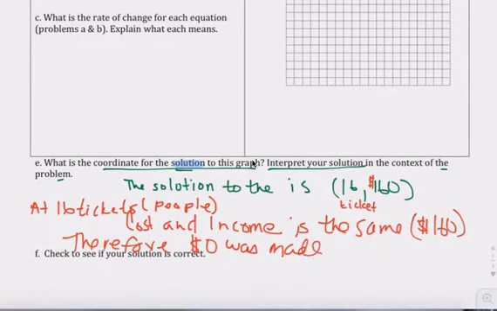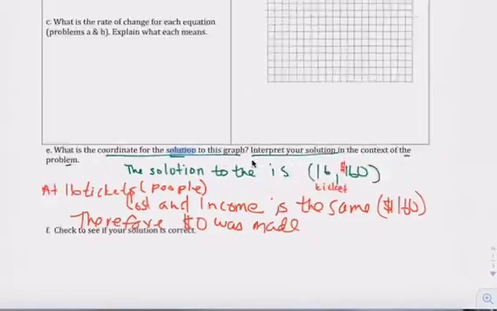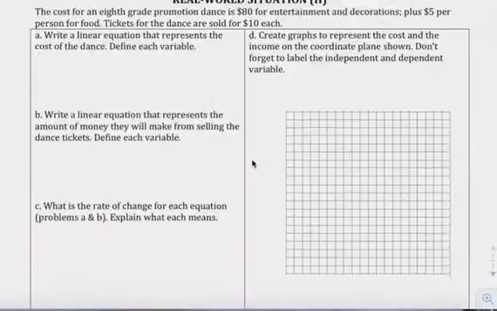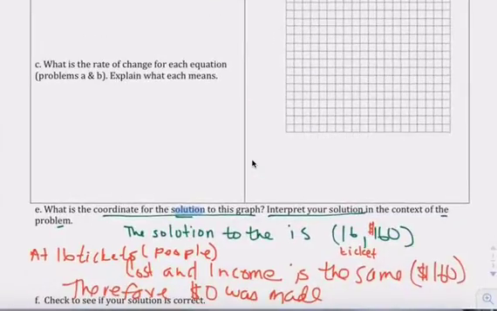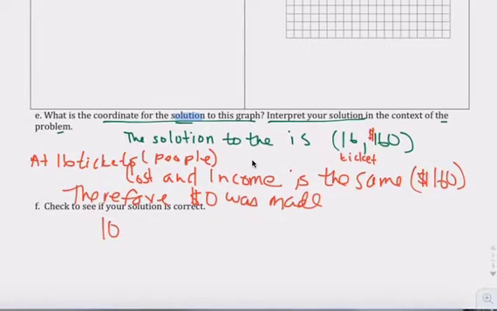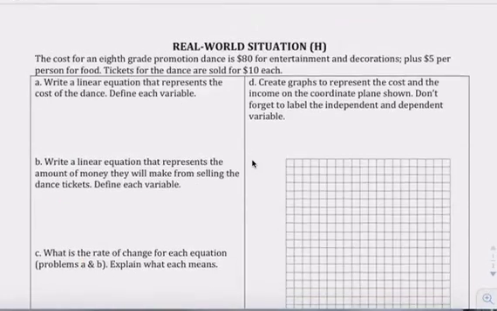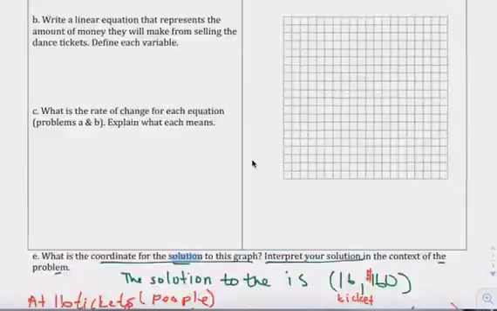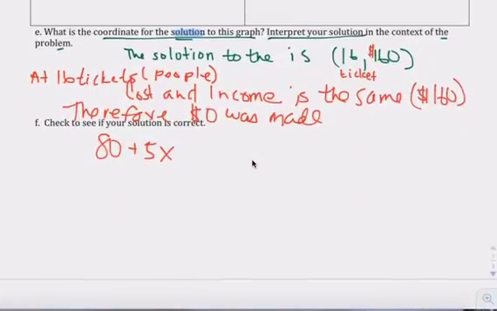Just break even. Check to see your solution is correct. Okay, so your first equation was 80 plus 5x equals y, and the other one was 10x equals y.